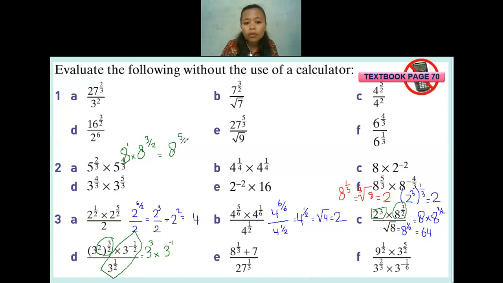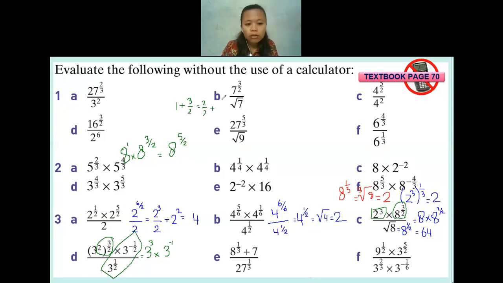So when we simplify them, it will be 8 to the power of 5 per 2, not 4 per 2. 1 plus 3 per 2, when we make the denominator into 2, it will be 2 per 2 plus 3 per 2, which equals 5 per 2.